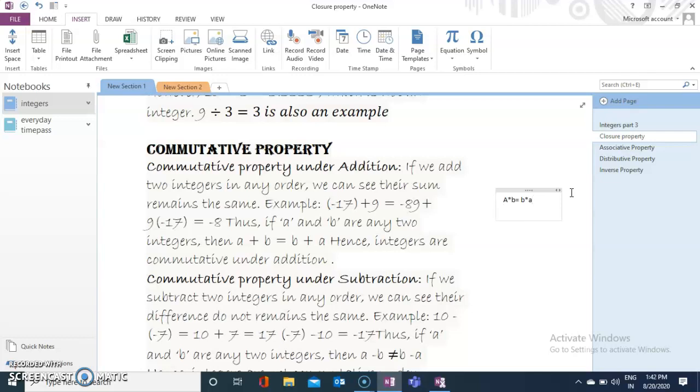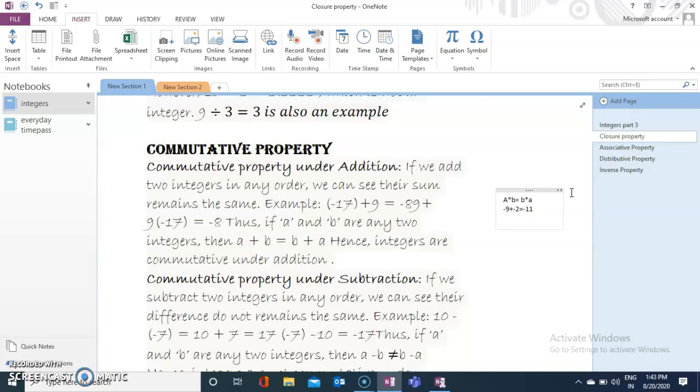Now let me take an example for you. Here they have given examples, but I will take one. Like minus 9 plus minus 2 is equal to minus 11, right?